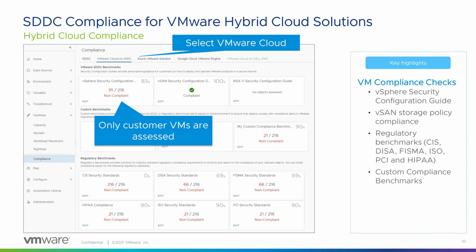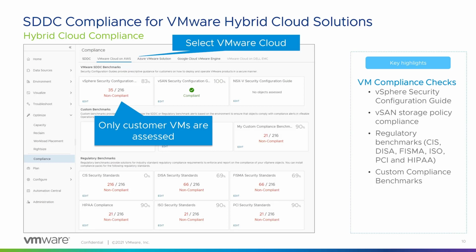And since the SDDC and infrastructure components are all managed by the provider, compliance standards are evaluated against the virtual machines, because that's what you as the customer have control over. So this includes the vSphere security configuration guides, as well as regulatory and custom benchmarks. The vSAN security configuration guide also applies here because it is looking for encryption being enabled for your virtual machine. So that does apply here as well.